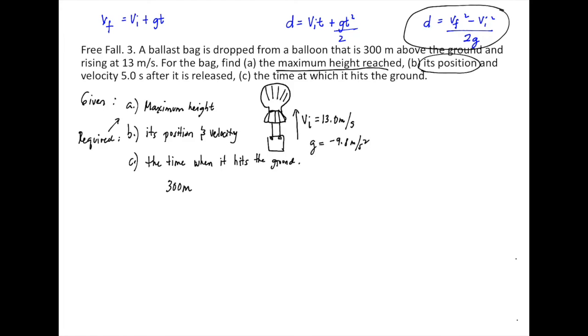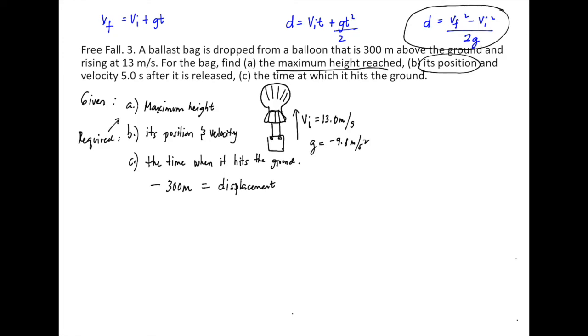But this 300 meter will be represented as negative, as our displacement. Why negative 300? Because the balloon is dropped 300 meter above the ground, meaning to say the displacement is 300 meter and then going down. So that is negative 300 meter.